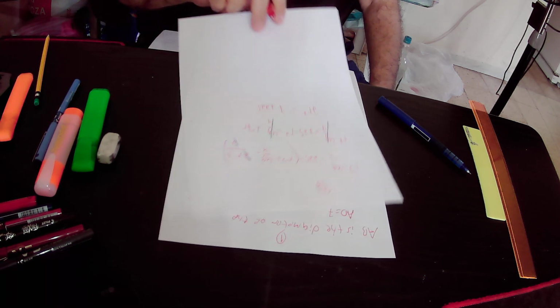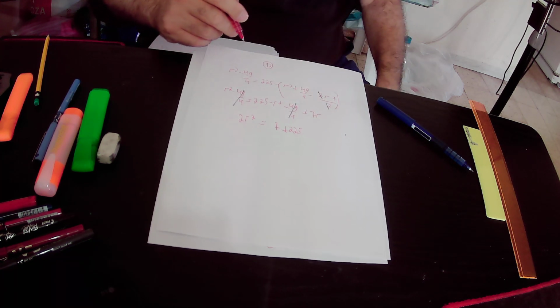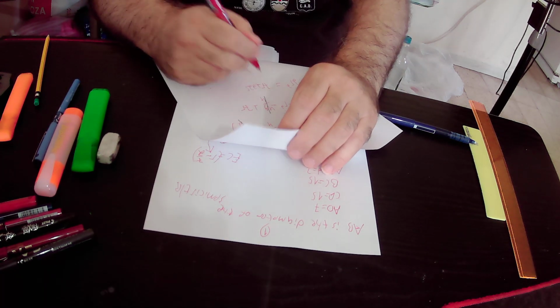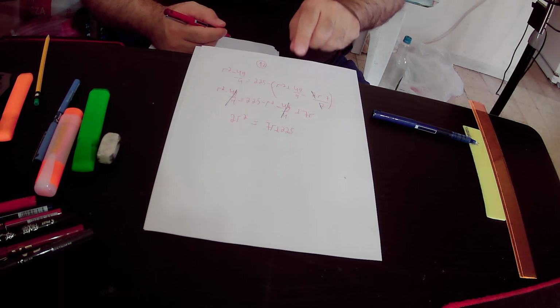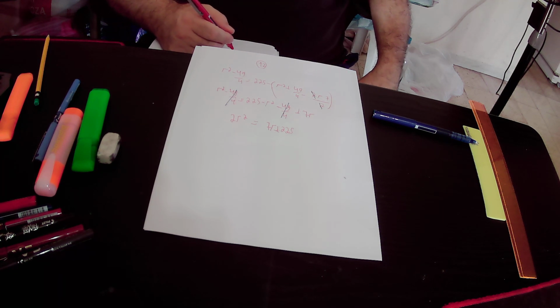So in total we got that 2R squared equals 7R plus 225.